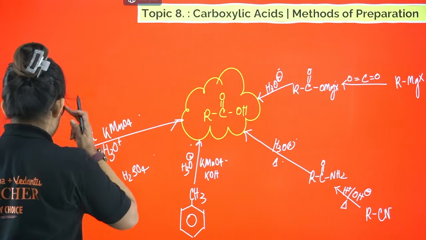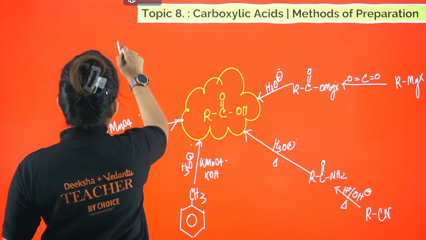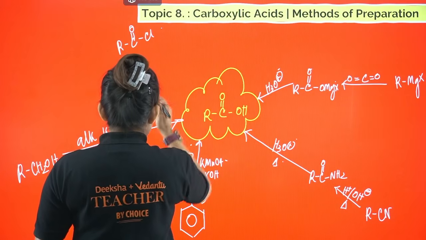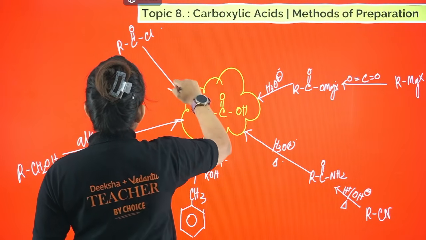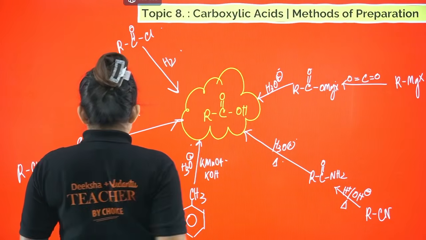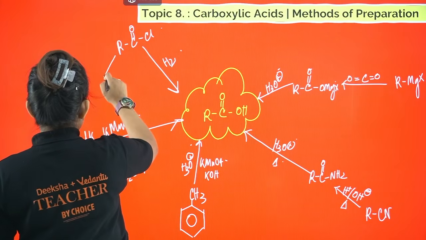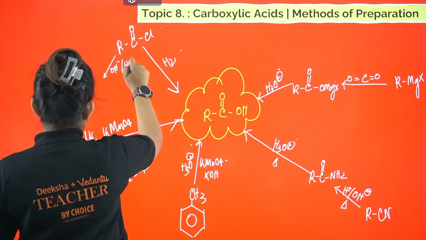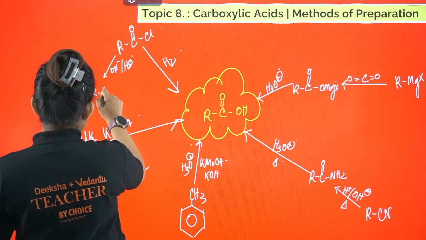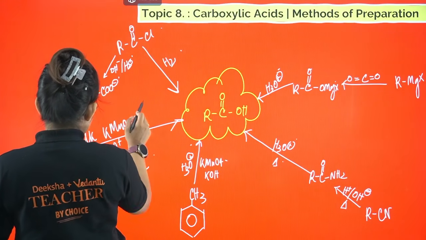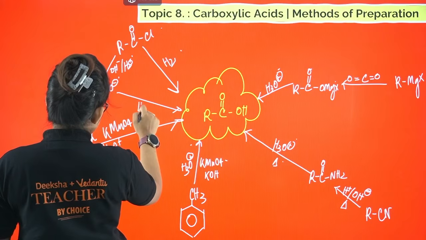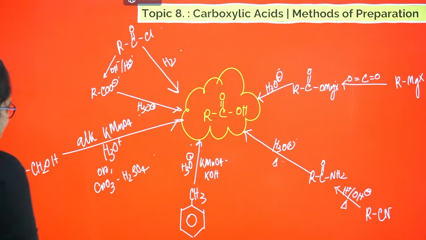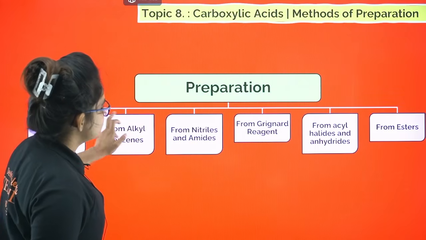Next, acyl chloride we will proceed. Let's say I am having RCOCl. Just a little bit of water will work here. Just give water, or else you can give a little bit of OH minus or water. It can come to RCOO minus and then protonation, H3O plus, anything. That's it. Anything I missed?